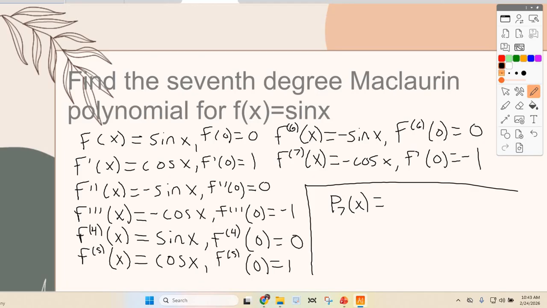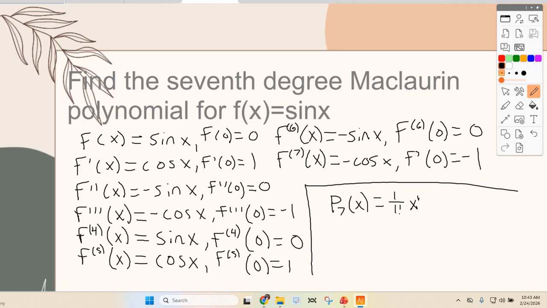Just x, right? Because it would be 1 divided by 1 factorial times x to the first power. You don't have to write that out if you're asked like this in a question, but especially while we're just practicing the formula, I'm going to go ahead.